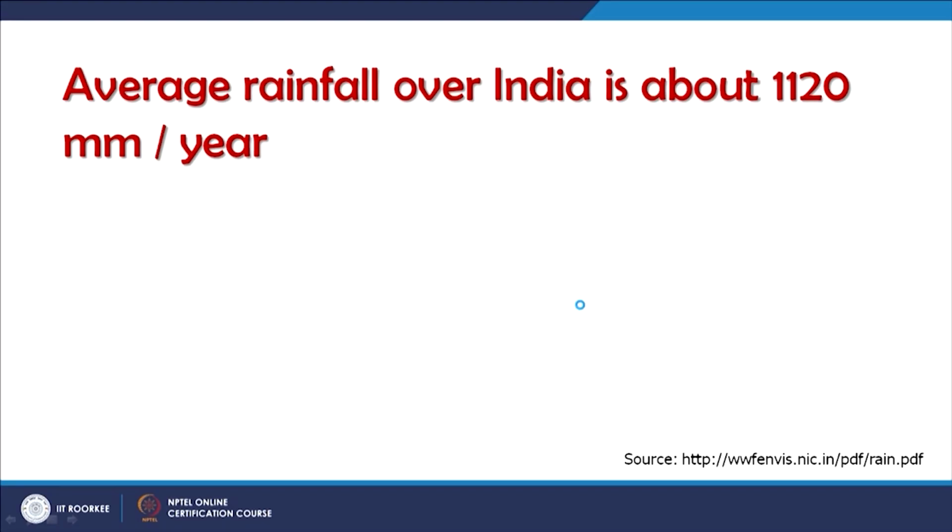And if we calculate the total volume of water falling over India in 1 year in the form of precipitation, in the last 100 years or more, it has remained the same. That means the precipitation occurring 100 years back is almost the same.